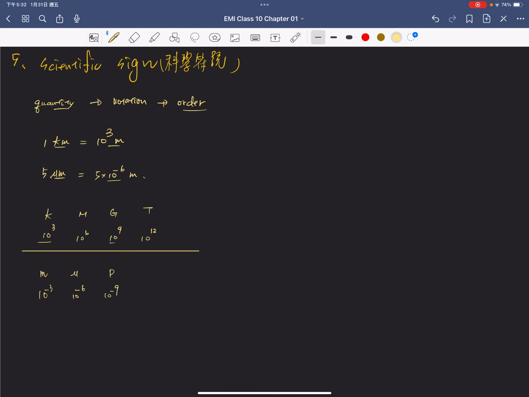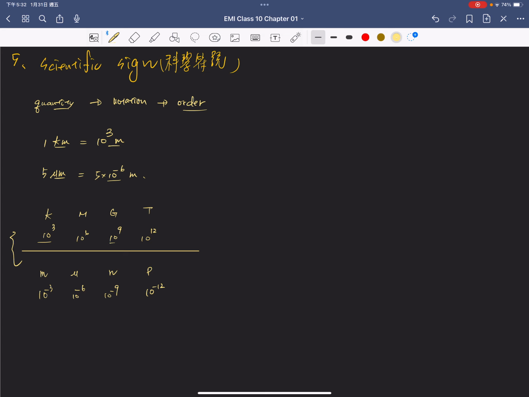And this is the picometer, and the femtometers. I'm sorry, not this, nanometers. So you use the letter n, and p for 10^-12. This is the picometers.